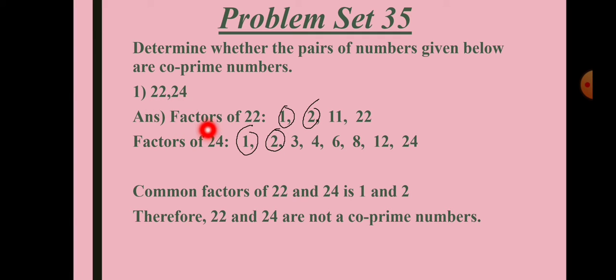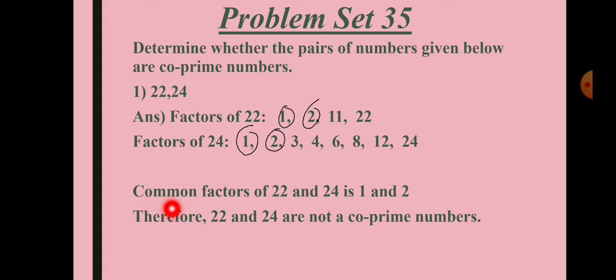So now first you write the factors of 22, that is 1, 2, 11 and 22. Then the factors of 24, which are 1, 2, 3, 4, 6, 8, 12 and 24. Now the common factors between both these numbers are 1 and 2. As you can see, I have circled over here.